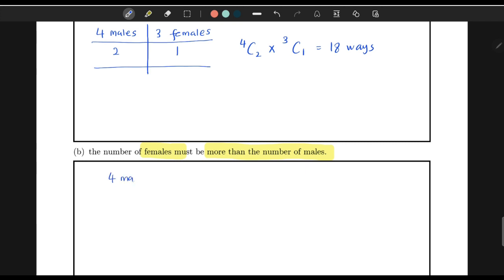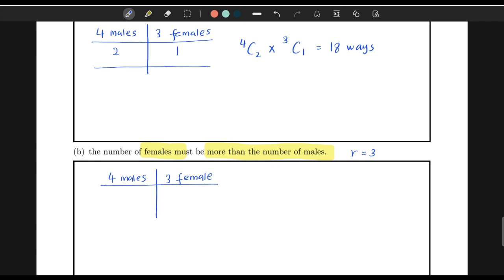From 4 males and 3 females, the team consists of 3 students, so R equal to 3, and the condition, the females must be more than the number of males.